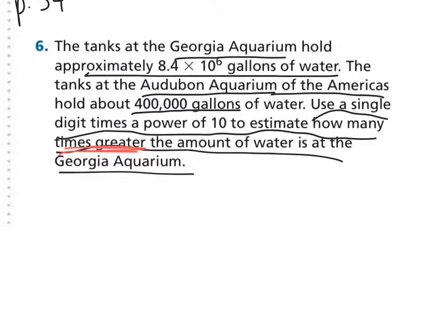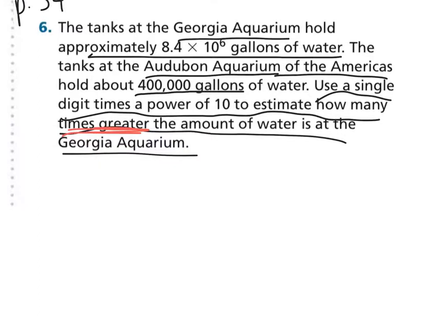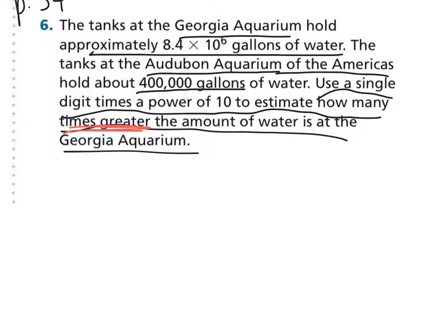One way would be to get these both as regular numbers. The other way would be to get them as scientific notation. Maybe I'll just mention both ways to you. So one way would be 8.4 times 10 to the 6th.